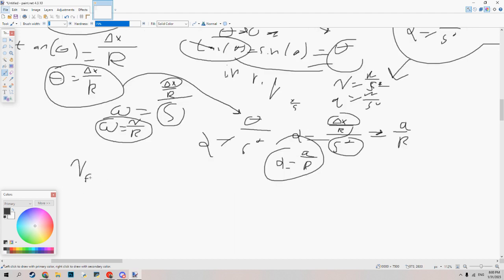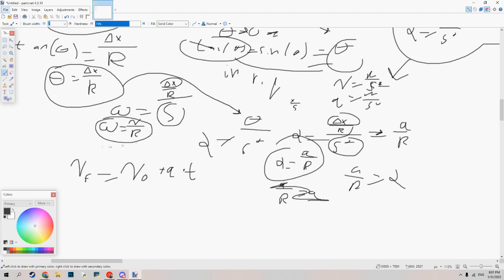Velocity final is equal to velocity initial plus acceleration times time. Well, we know that we can just divide acceleration by radius to get this. That's easier to work with.